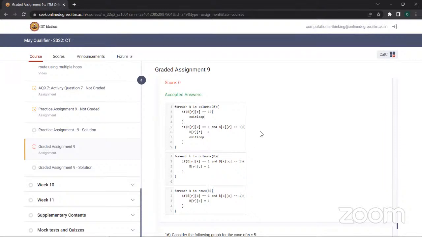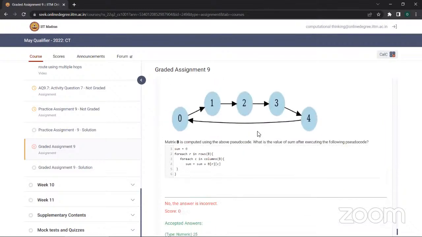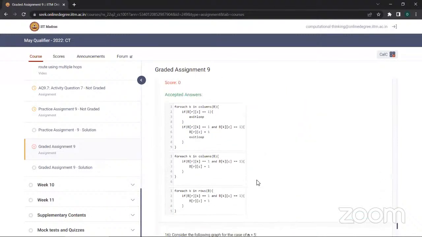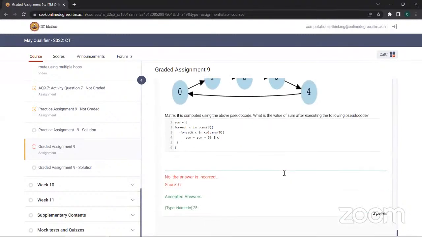And if this is the case where no sequence exists, then in the 16th one you will get answer 20, sir. Yes, the answer for 16 should be 20 according to me also.